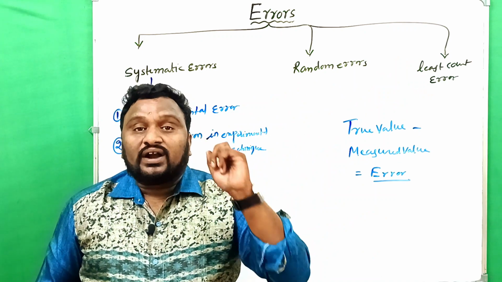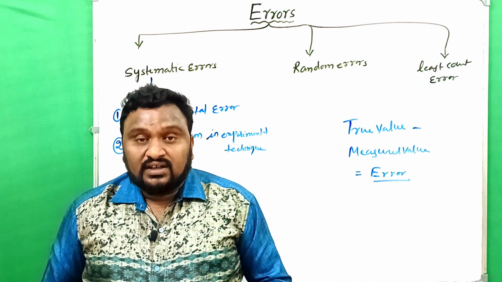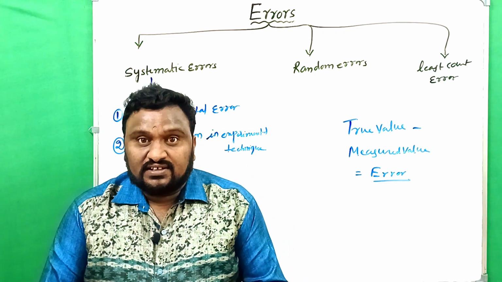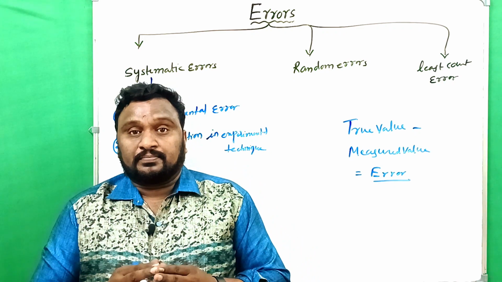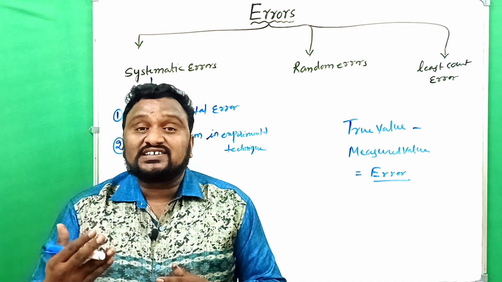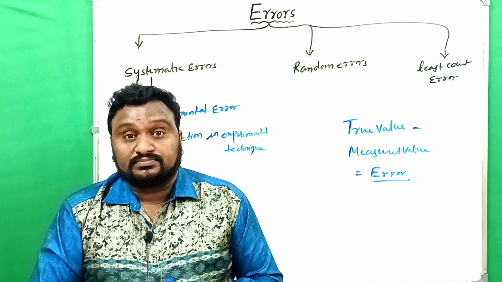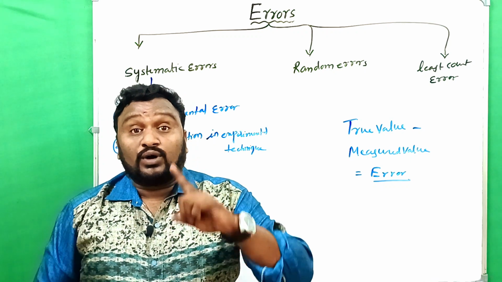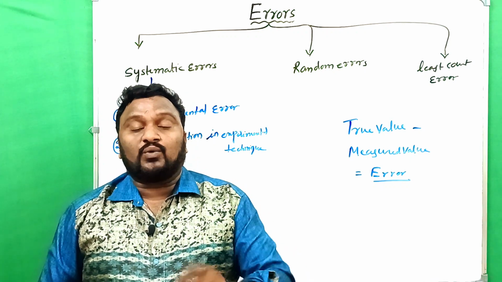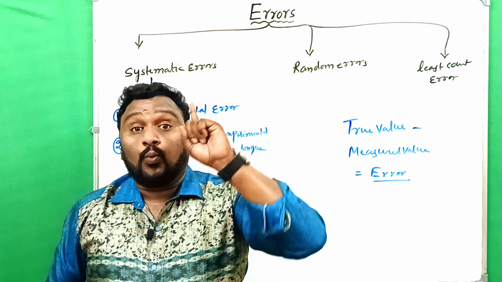First, what is systematic error? Systematic errors mean that during the procedure we get errors either in the positive or negative direction, that is, in only one direction.